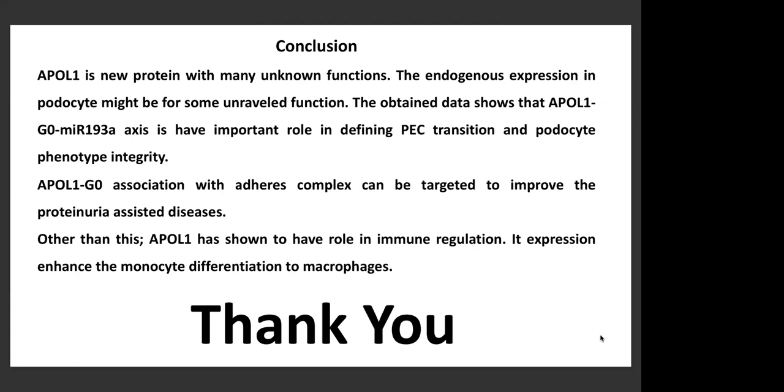So we might have something else associated around, maybe on chromosome 22 itself, nearby APOL1 or somewhere else, that needs to be identified. Exactly. Yes. Initially, we thought it was actually the myosin heavy chain gene. Yes. Thank you so much.